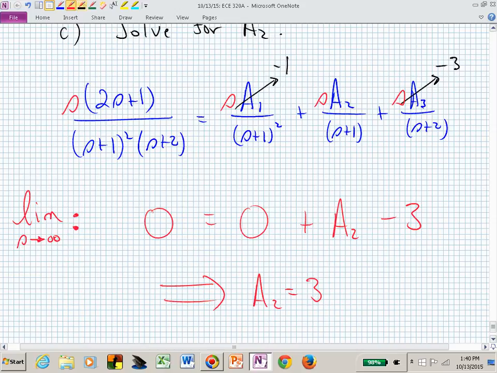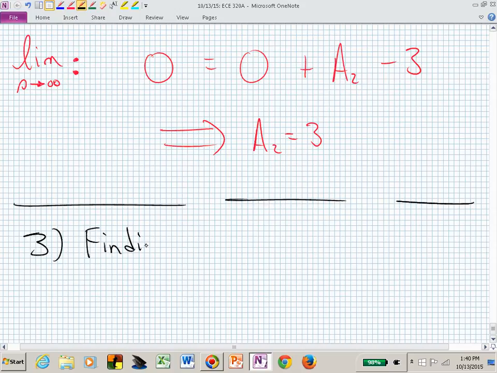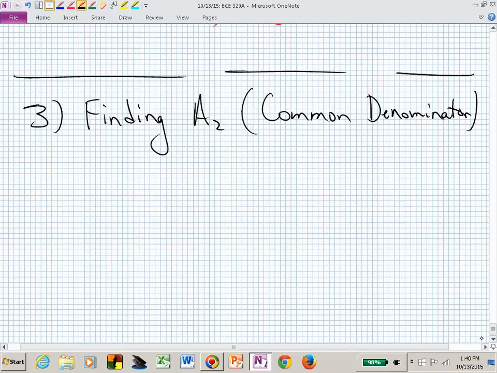Method 2. How about a third method? This one I'm going to call finding a common denominator. And this one you could start with and finish with, meaning you could find all three coefficients in one swoop.